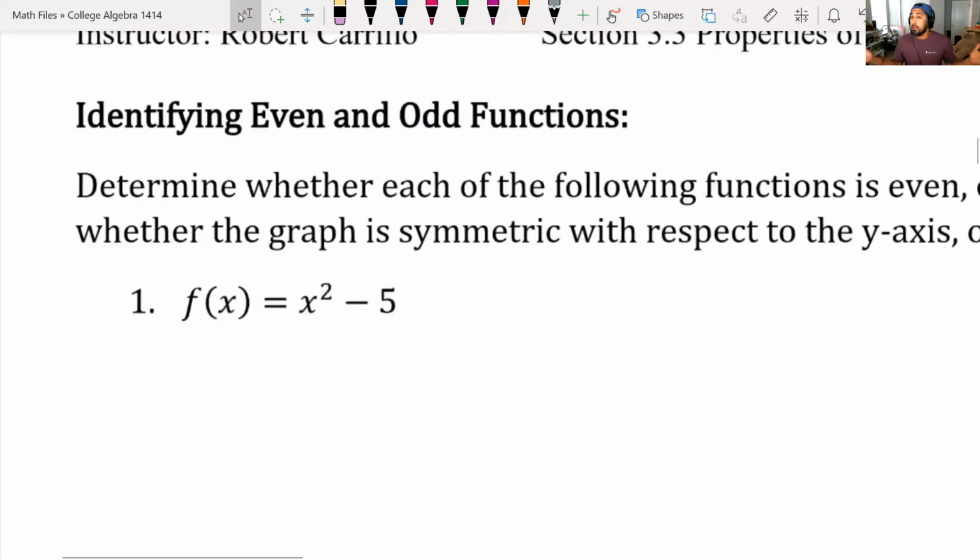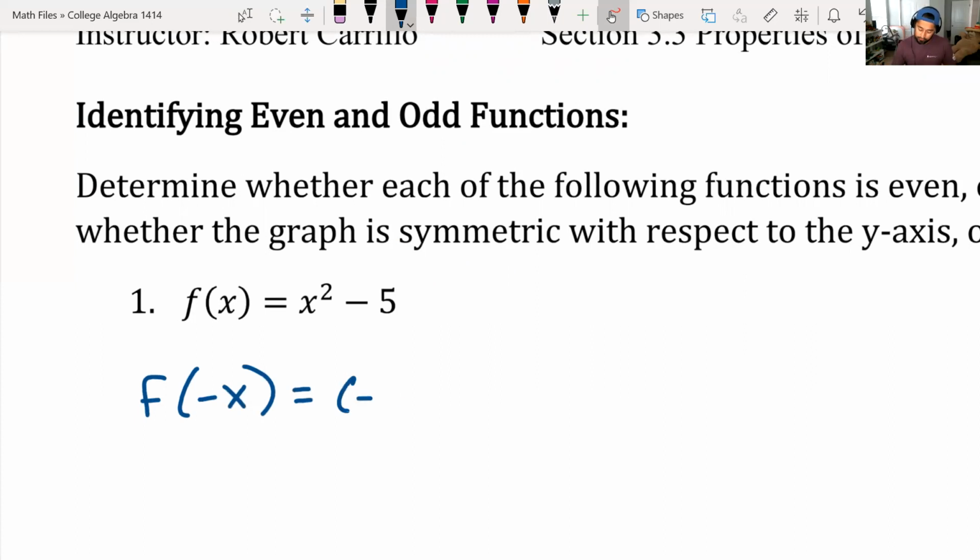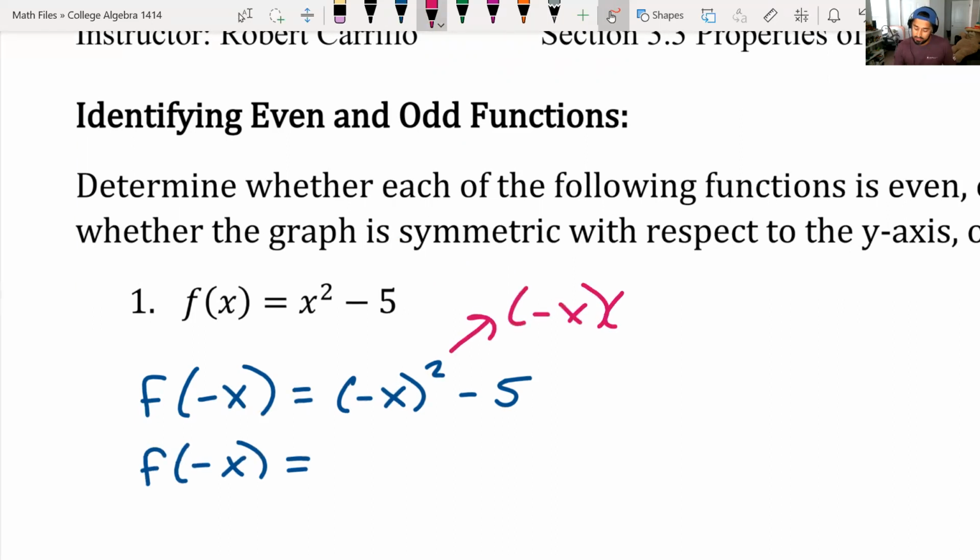Like number one, let's try it on number one. All right, so we're gonna say f of negative x, which means we plug in negative x for every x. So this will give me negative x squared minus 5. Okay, now just simplify it and we get f of negative x, and remember that negative x squared means negative x times negative x, which is positive x squared.